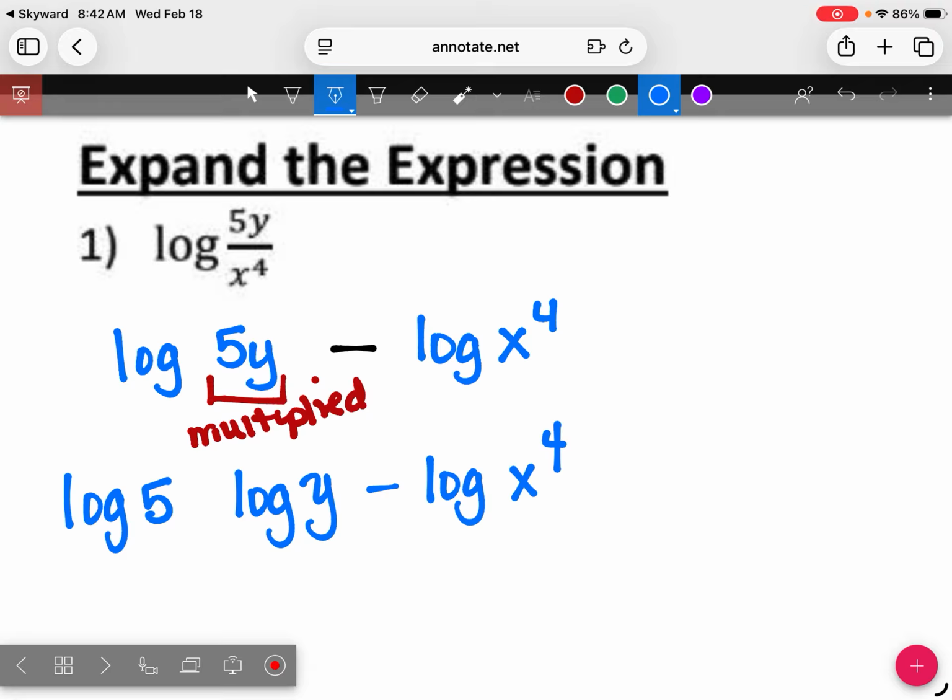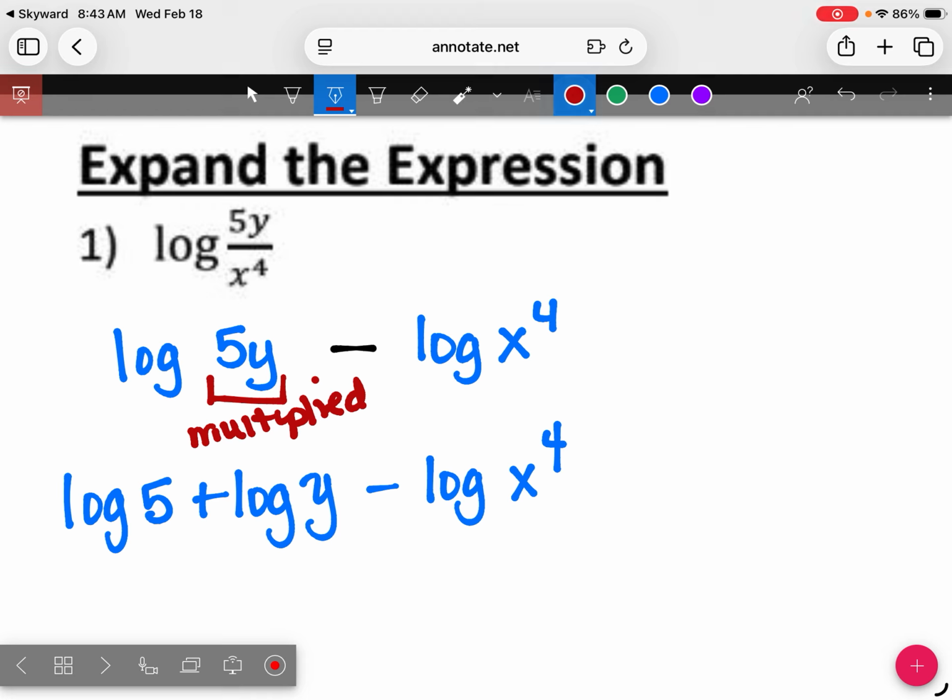Okay, so in between the 5 and the y, because they're being multiplied, what did we put in the middle? What did we say? A plus sign. Good job. All right, last thing. Do you see any exponents? Where do you see an exponent? On the x.